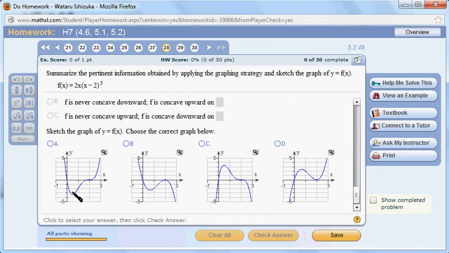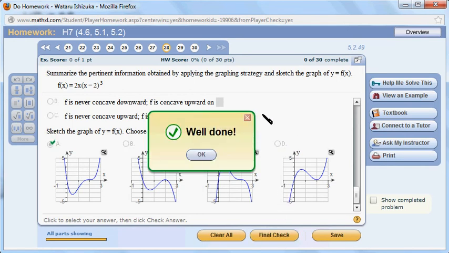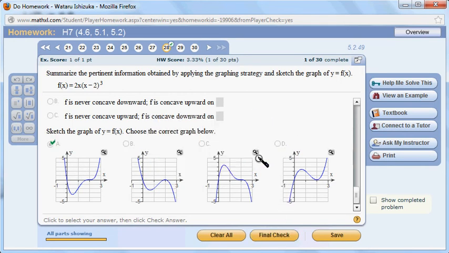Right, decreasing, after that increasing, decreasing, after that decreasing here, so B shouldn't be it. It's not even decreasing here. So A is actually the only answer that's reasonable. So let's check the answer. Alright, so that's that. Alright, that's it. I hope that this was clear.